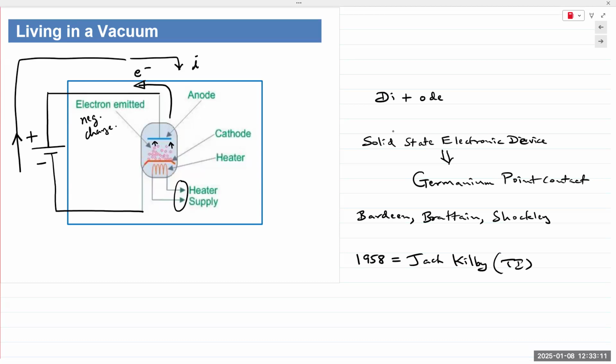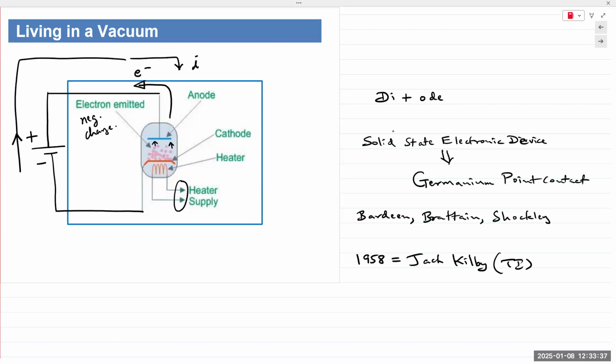I'll have to check my references again. He was working on a circuit at Texas Instruments, and there were some sort of issues or problems with that circuit. So he had an idea: why not take all of these components and create them in a single block of semiconductor? And that's where the integrated circuit was invented.